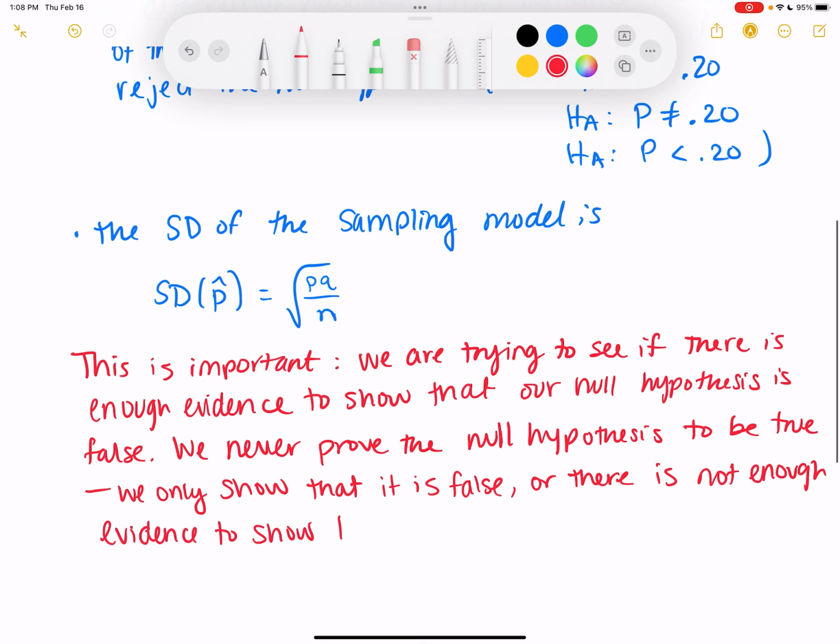If the p-value is high, we haven't found anything surprising or unusual.